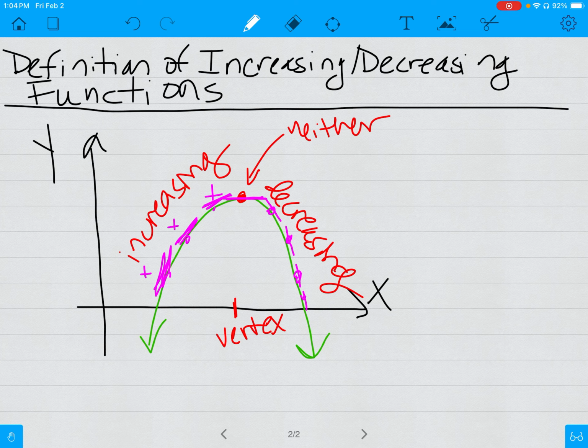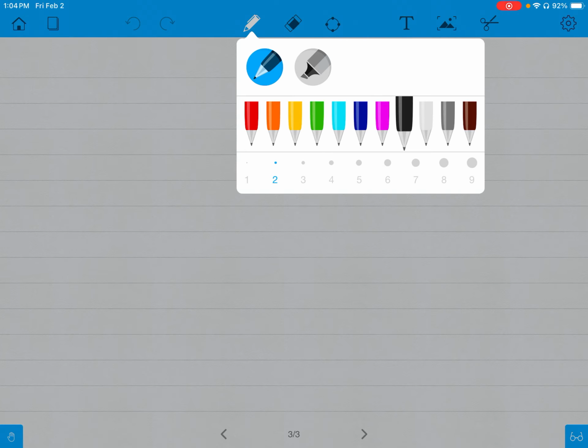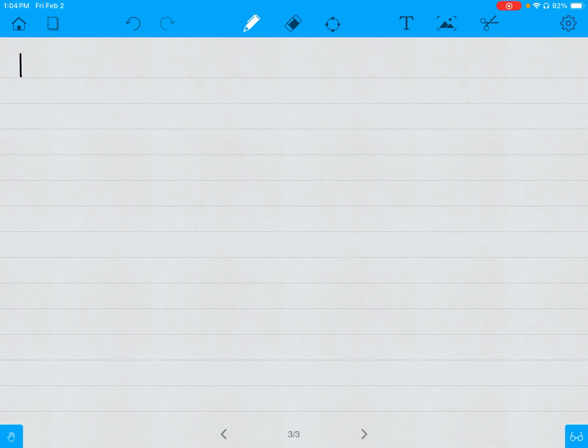Another way to think about increasing and decreasing functions is to actually look at the definition. The definition of increasing and decreasing functions formally looks like this. So this is our formal definition.